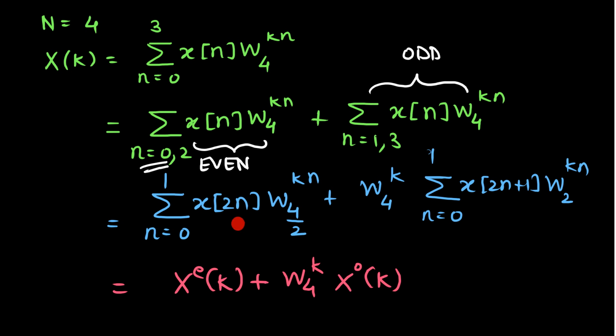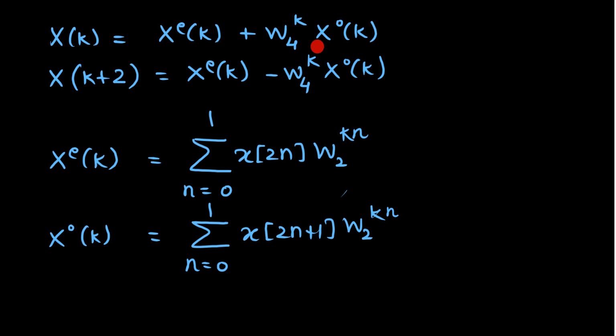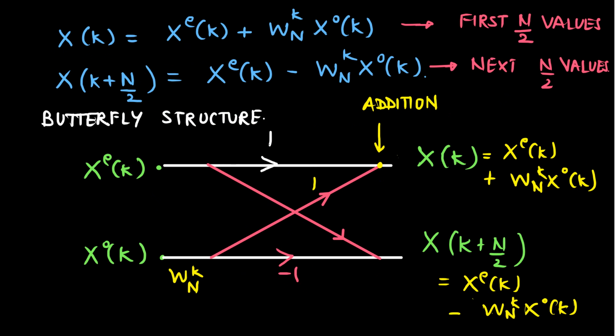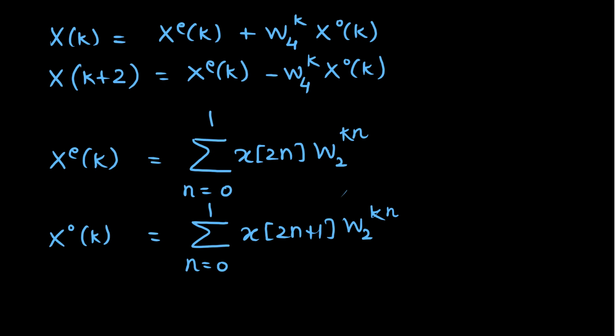So again this is the even part and this is the odd part, so we can write it as X even of k plus W4 to the power k X odd of k. So this is what we have here, and again we had seen that we can shift this X of k by the n by 2 factor so as to get the next n by 2 values. So same thing we are doing here.